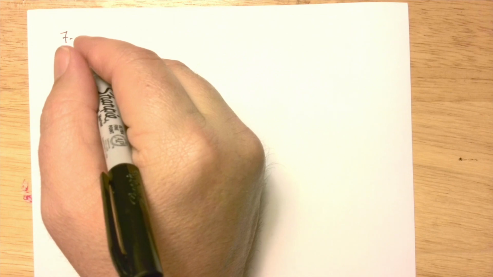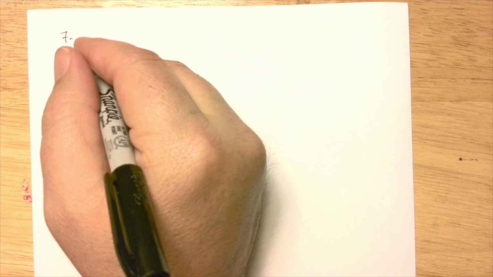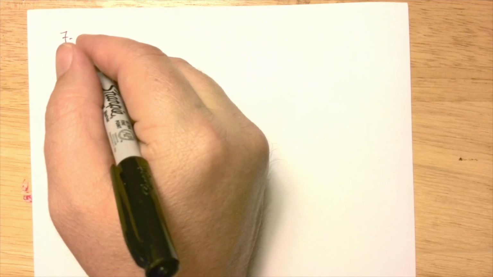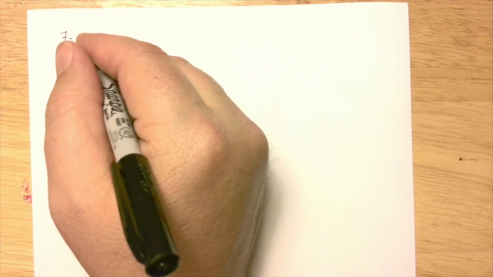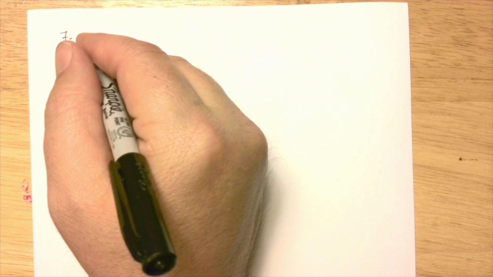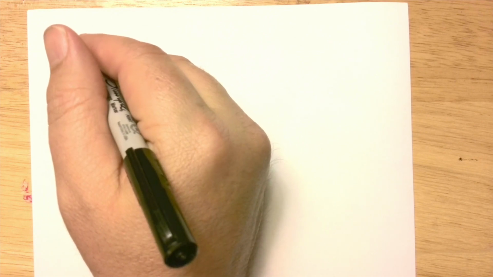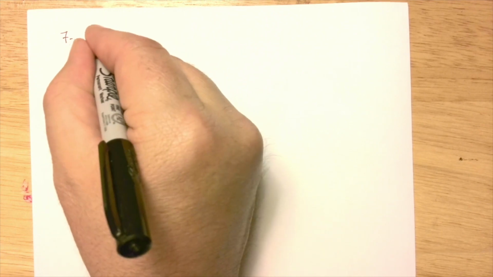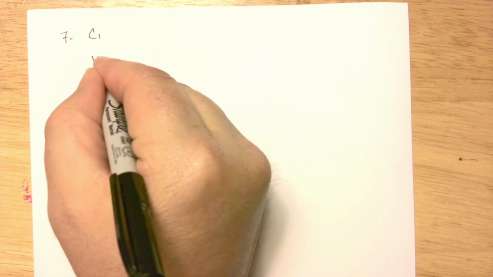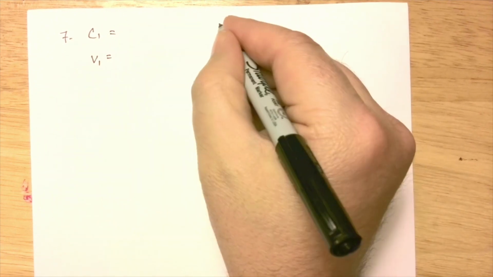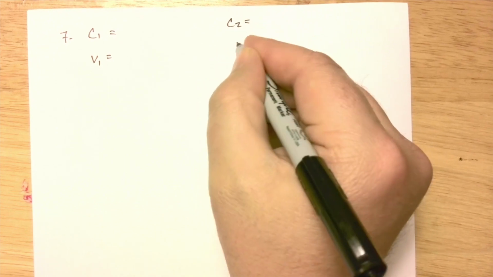So in this situation, you're trying to make... What's the final volume of a solution if 500 milliliters of a 3 molar solution of sulfuric acid is to be diluted to a concentration of 0.5 molar? All right, so let's start with what's given to you. C1, V1, C2, V2.